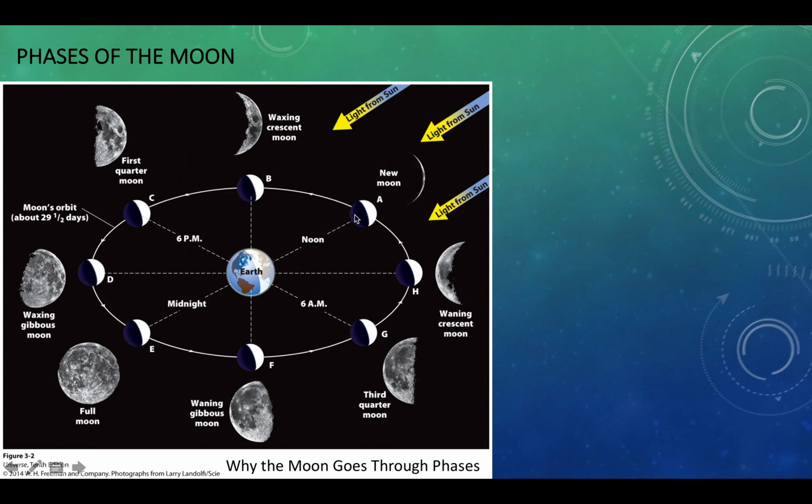And you should also be familiar that as the moon goes from a new moon to a full moon, people on Earth will see more and more parts of the moon. So it will be as if the moon is getting larger and larger. While when the moon phase goes from a full moon back to a new moon, you're gonna realize that the moon will be smaller and smaller until it gets to a new moon.